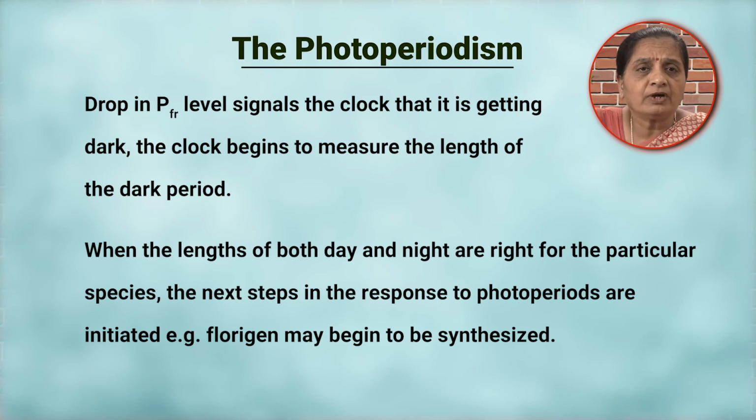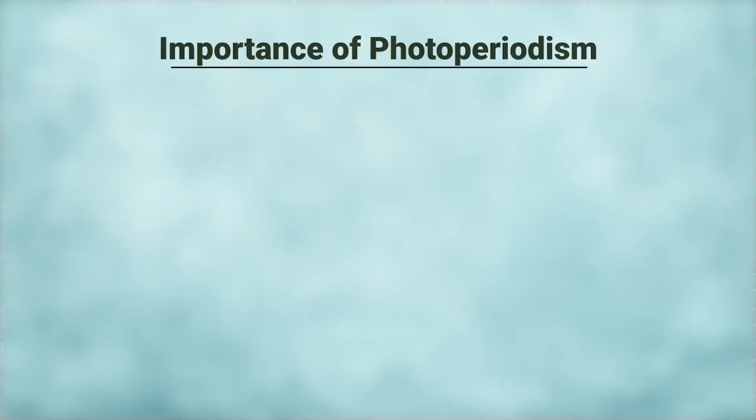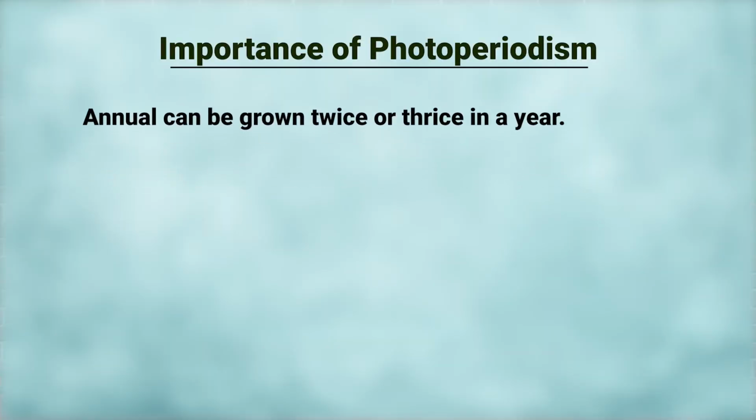When the lengths of both day and night are right for the particular species, the next steps in the response to the photoperiod are initiated. For example, florigen may begin to be synthesized. Much study has gone into understanding this phenomenon, and recent work has emphasized the role of specific genes in the flowering process.